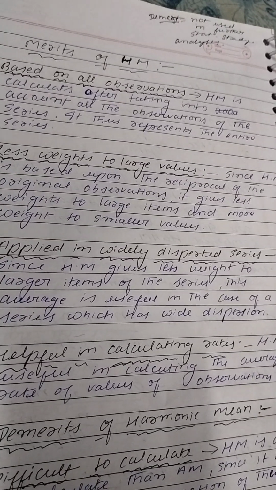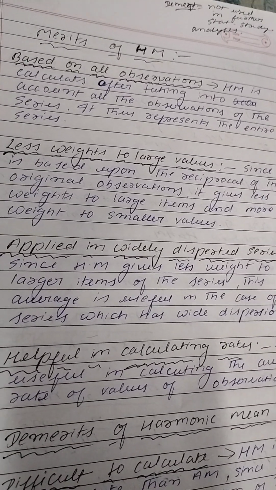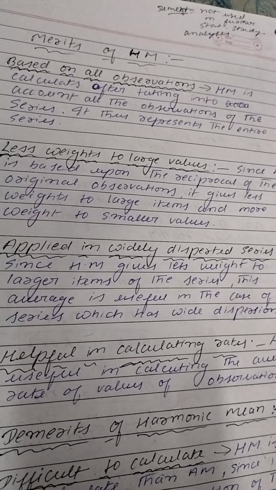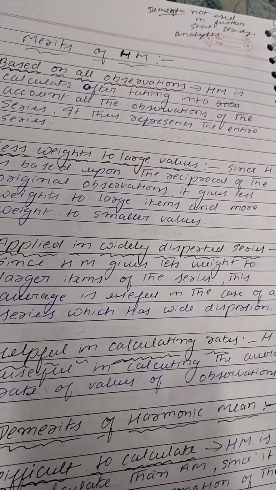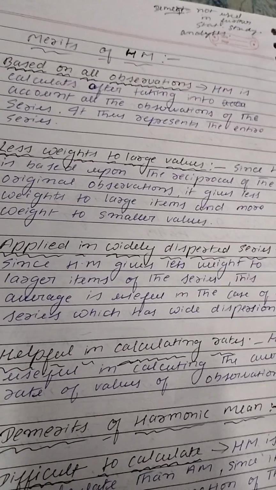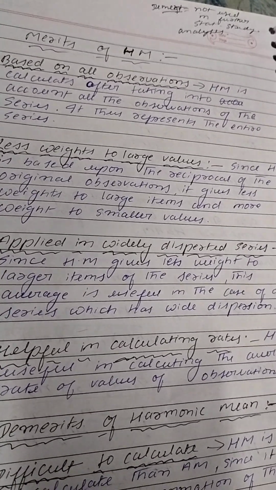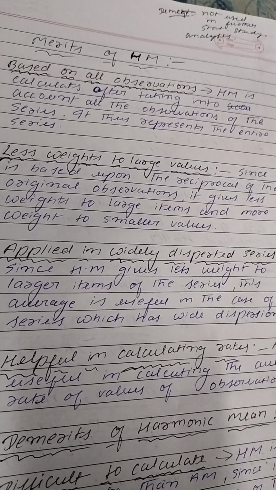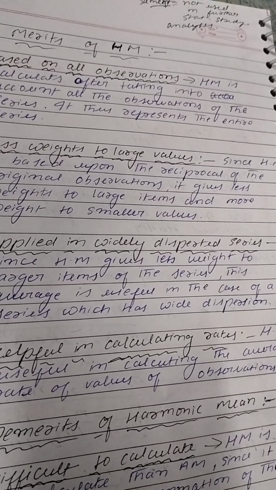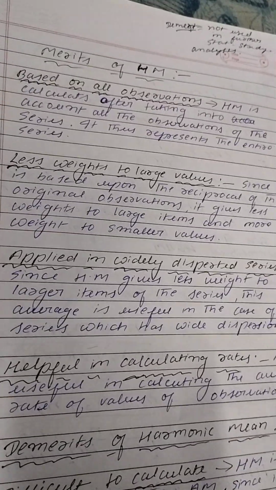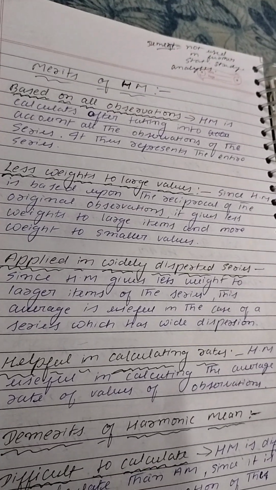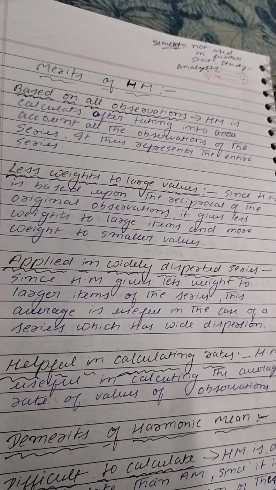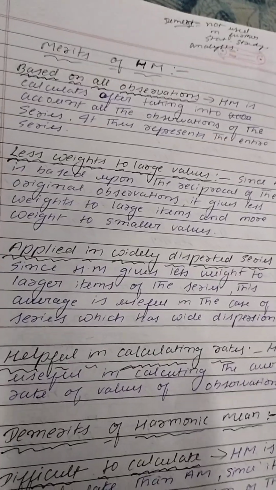What you are doing is giving more weight to the smaller values and less weight to the higher values, and it compensates, so the impact of the extreme observations will be fine. Since HM is based upon the reciprocal of the original observations, it gives less weight to large items and more weight to smaller values.